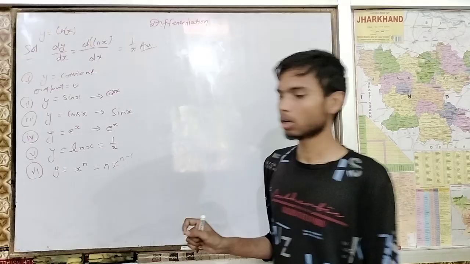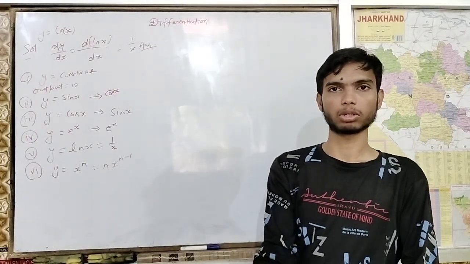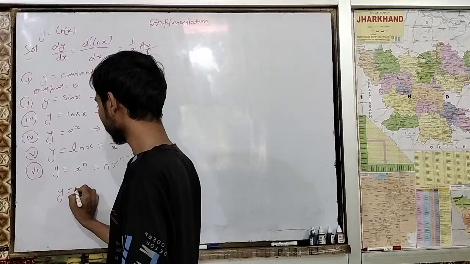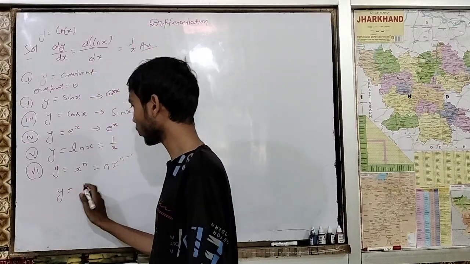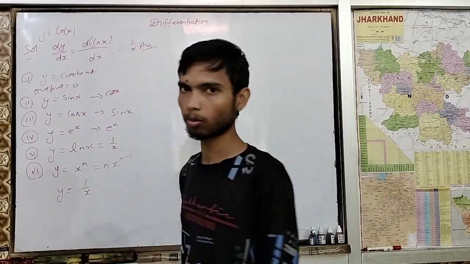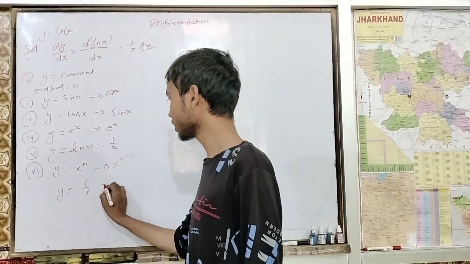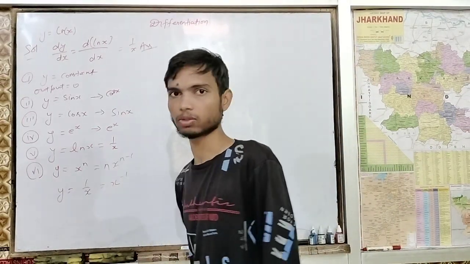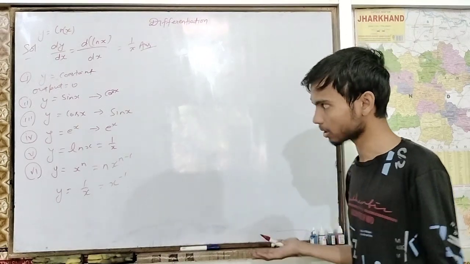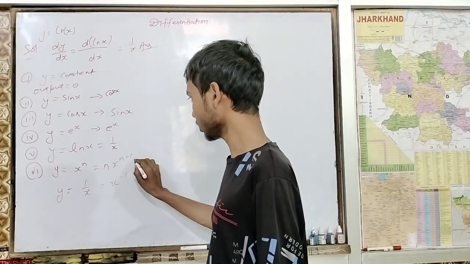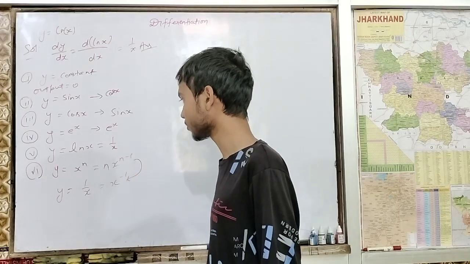Clear? Now one thing more is that if y is 1 upon x, here you can simplify it. After simplifying it, you will get x raised to power minus 1. Now you are able to apply this formula in this.